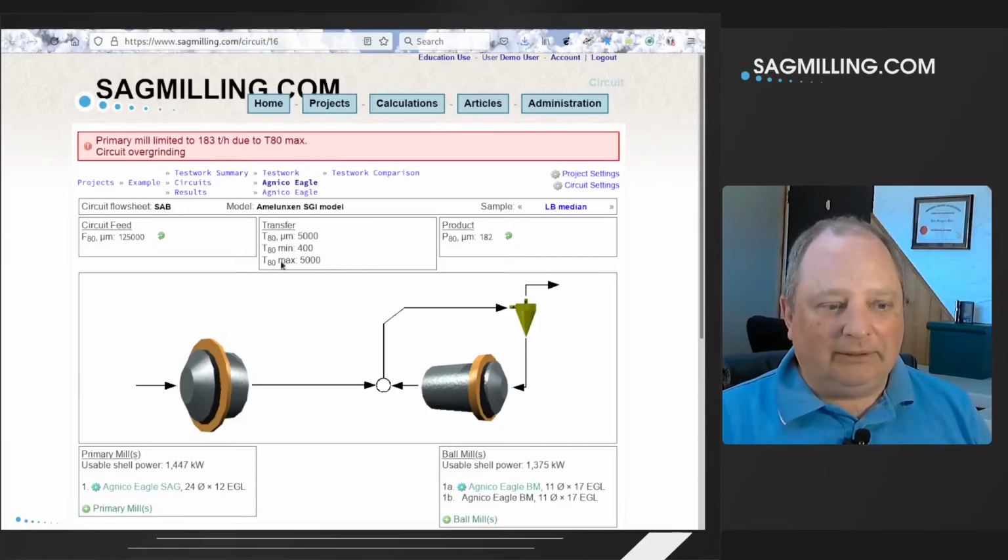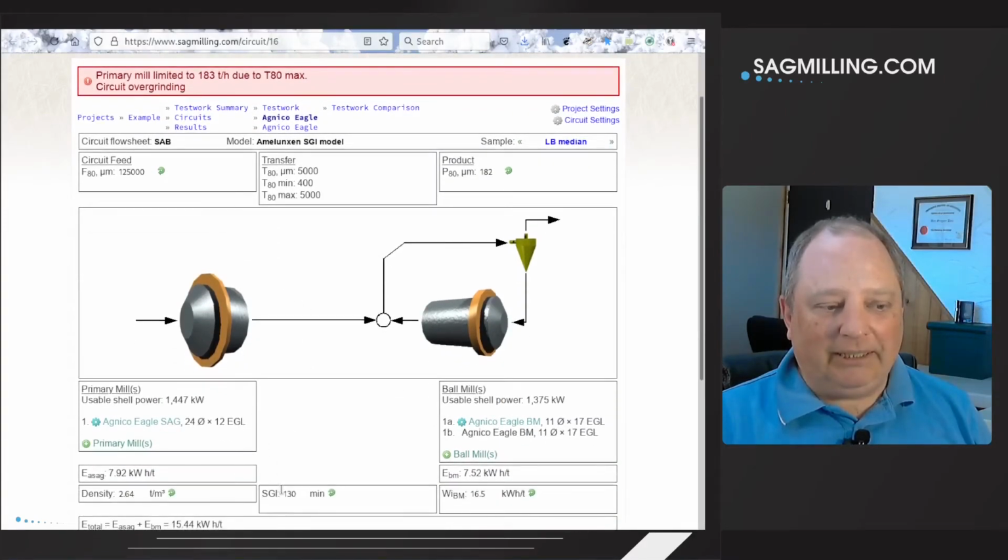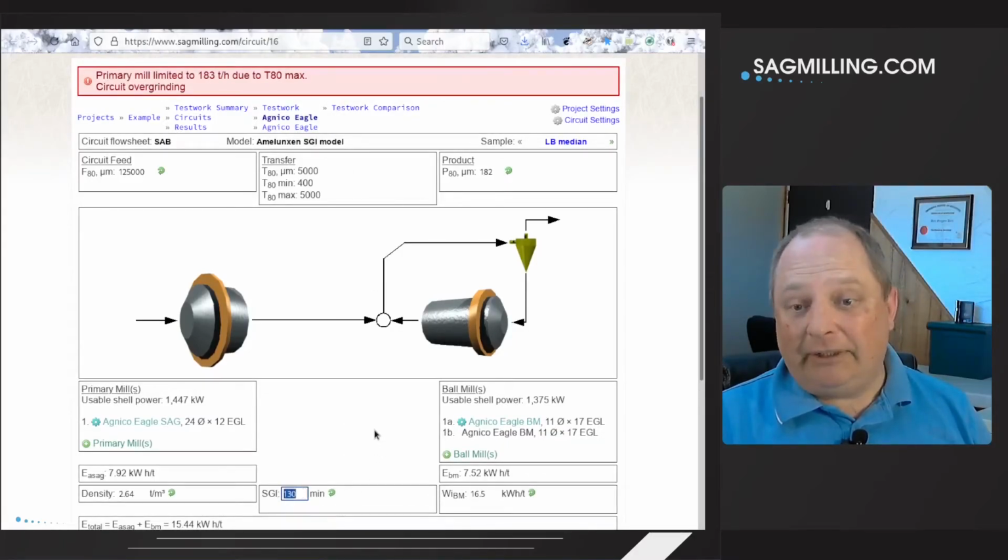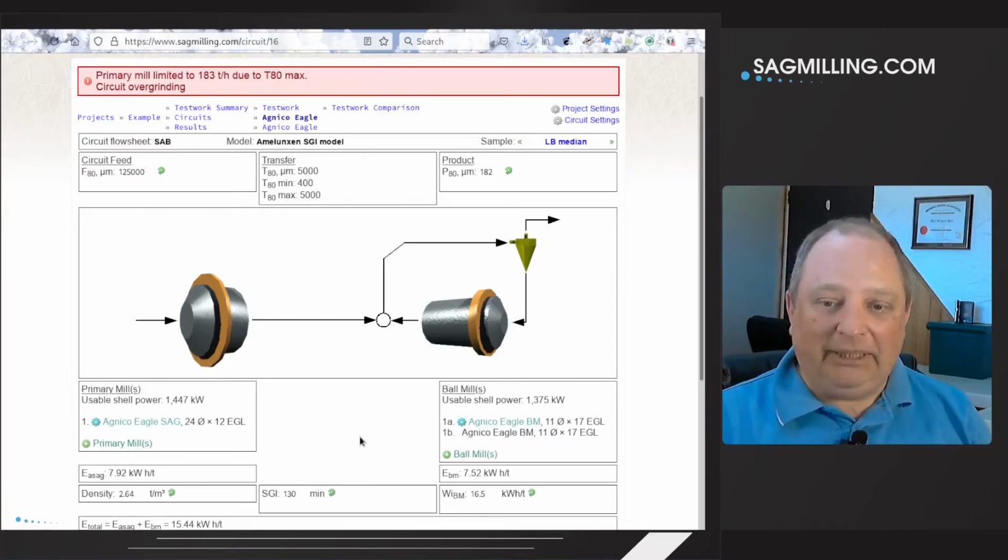And it also has done the SPI series, which we can use in an Amundsen SGI model. So there's the SPI value that would have come from the SPI mill, along with the Bond ball mill test. So this is an example of a two-parameter model where you don't have a coarse measurement, but you do have a medium and a fine size measurement.